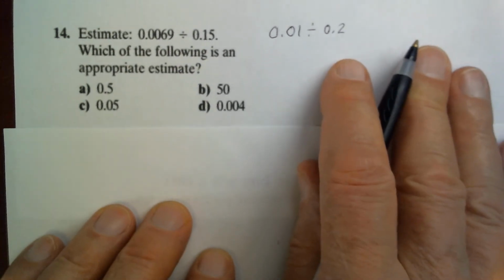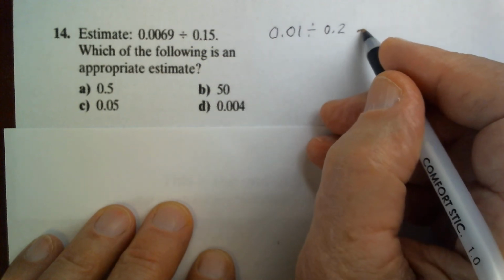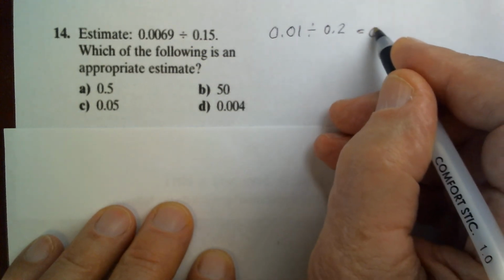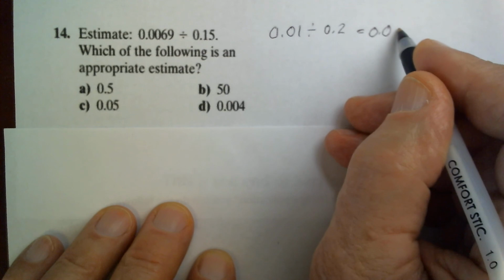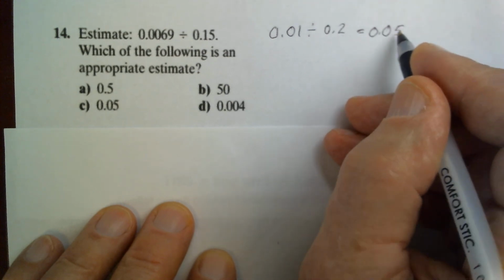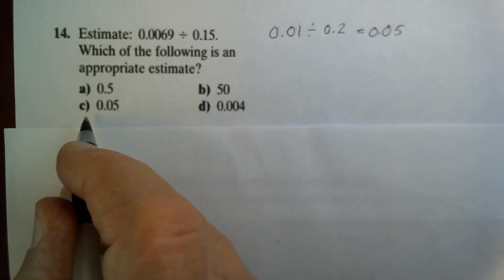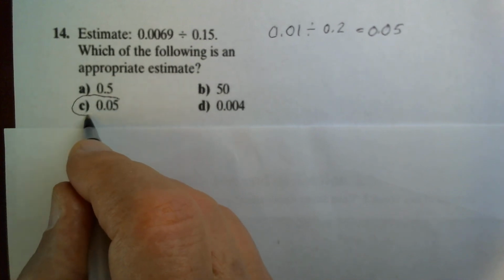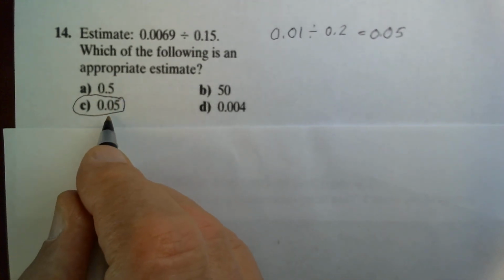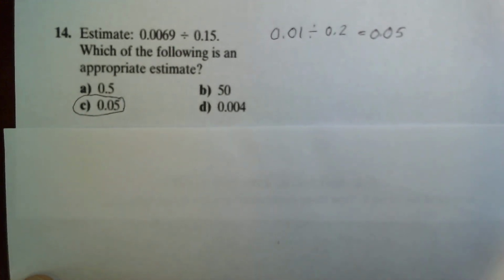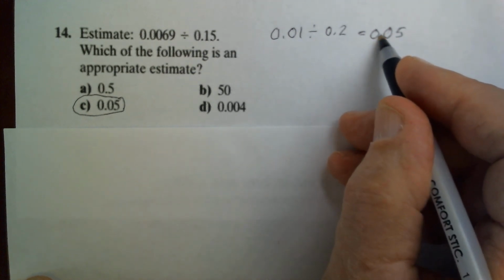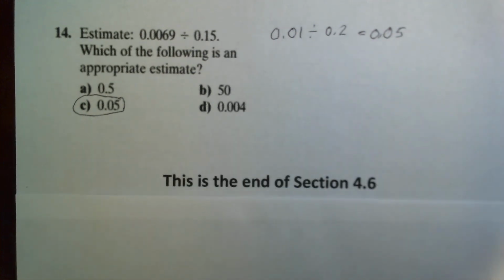And 0.01 divided by 0.2 is equal to 0.05, which means C is the appropriate estimate, 0.05. And this is the end of section 4.6.